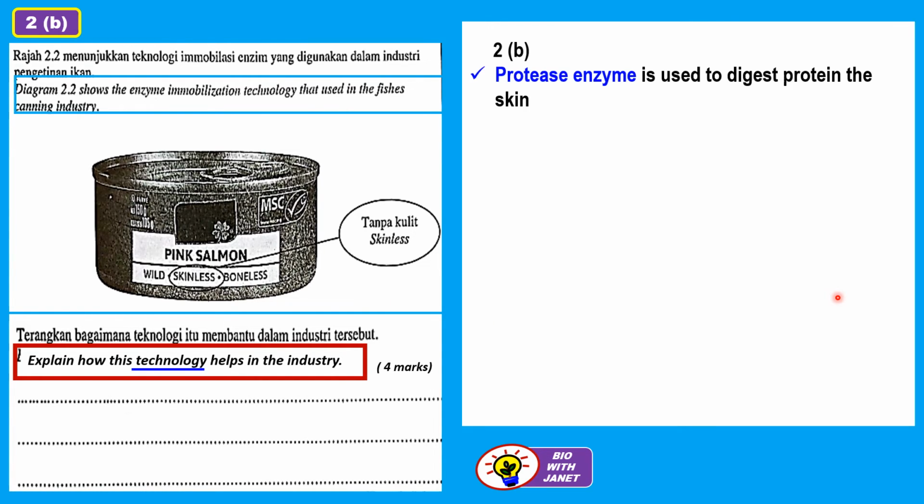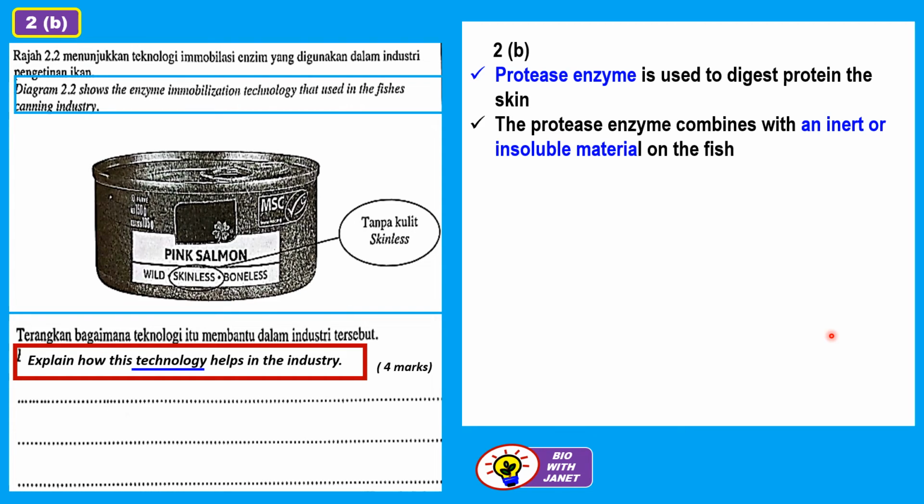Firstly, the enzyme used digests the connective tissues underneath so that the skin becomes loose, and then the skin can be pulled away. So this enzyme must be a protease enzyme, one that hydrolyzes the proteins in the skin. 1 mark for protease enzyme.